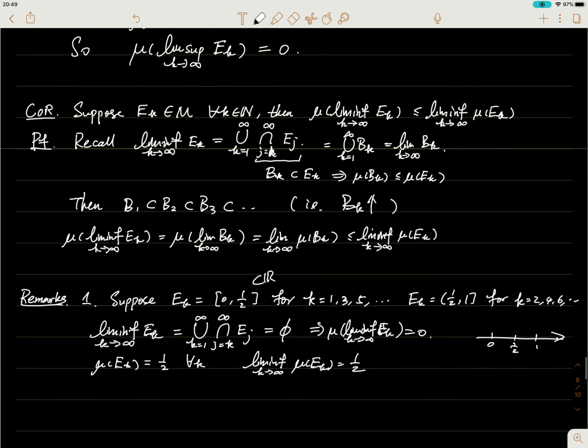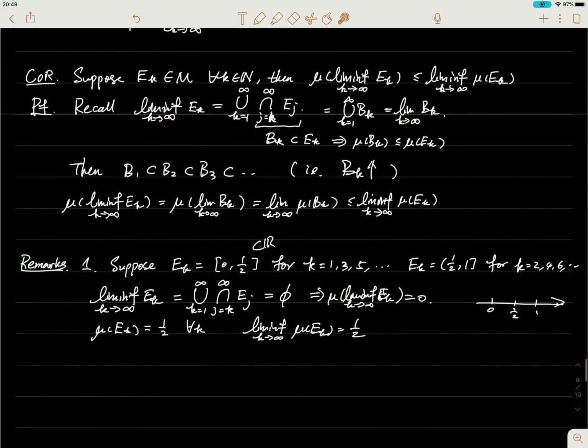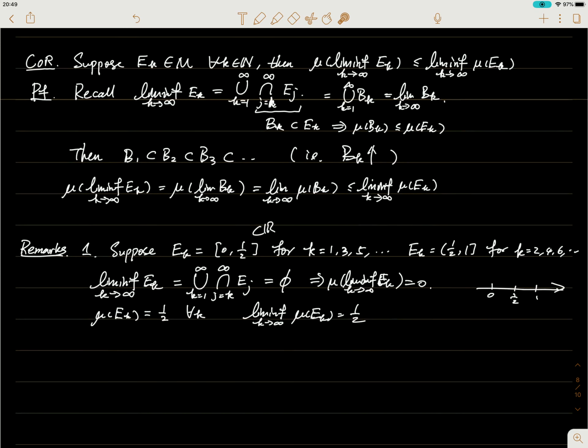And that's why, going back to this corollary, we can see that this side could take 0 value and this could take 1/2. So in general, we do not have equality. We only have the inequality, less than or equal to.